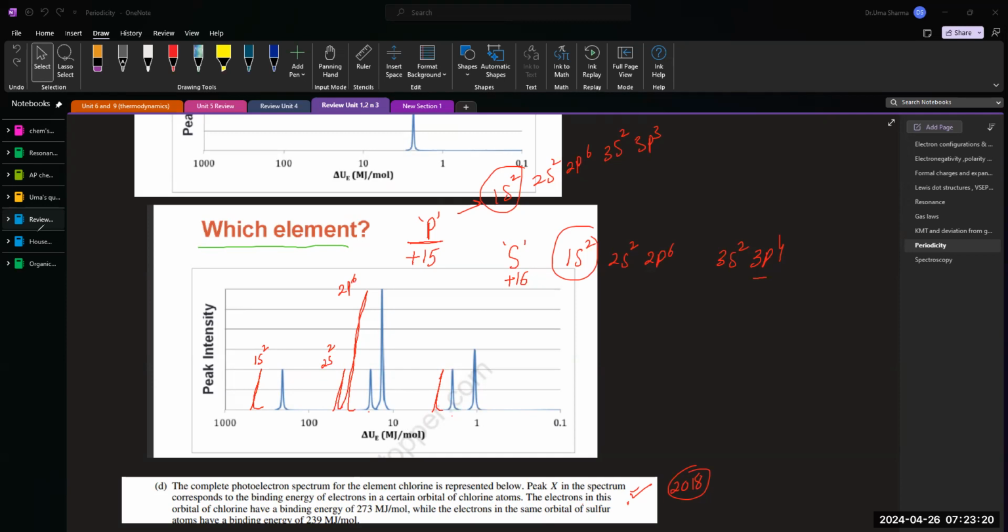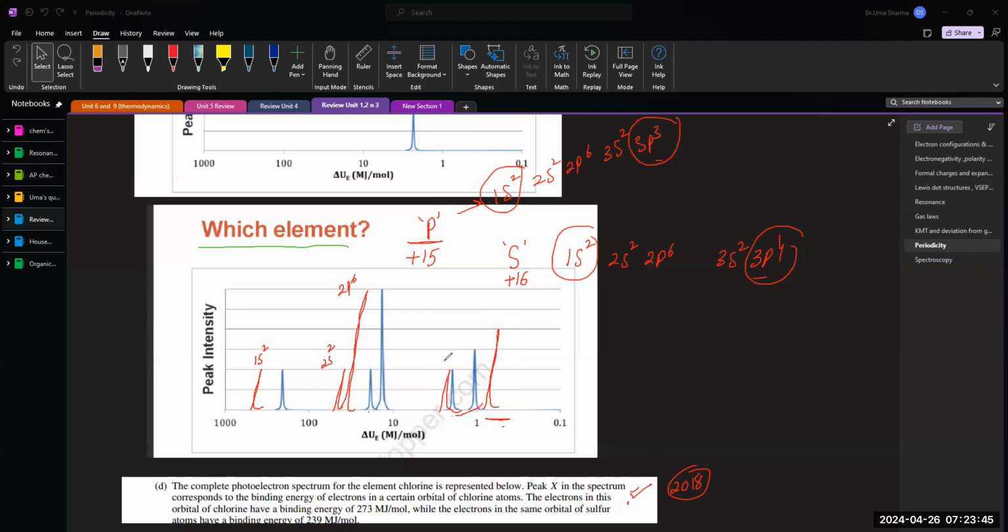So what happens is that 3p3 is more stable than 3p4. So it will be on the right side here, less energy, right? So generally what they do, they make this very close to here, somewhere here, like this.